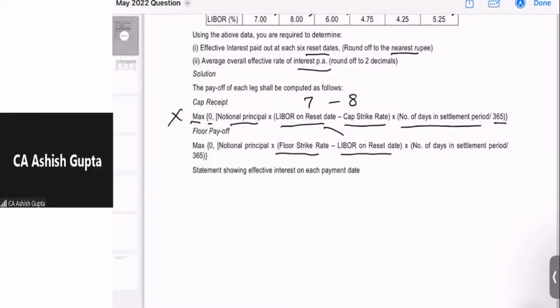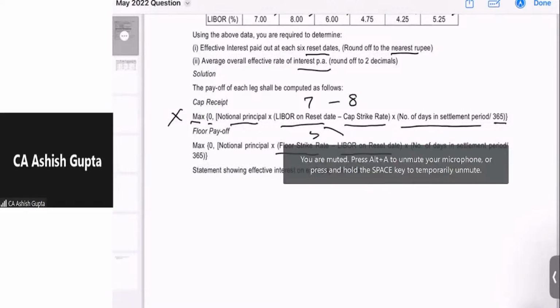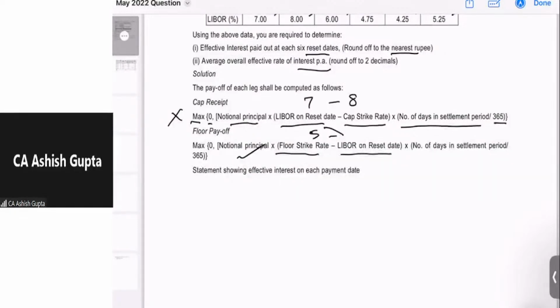Our strike rate is basically 5%, so any rate below 5 will be used by the buyer of our option, that is, the floor. If the rate is 4%, then of course he will exercise his option and we have to pay. So first we have to understand this. Now we see how the statement moves.